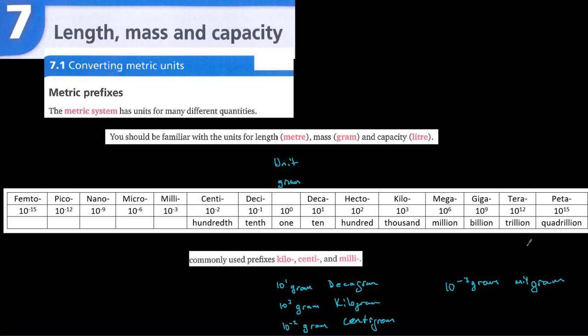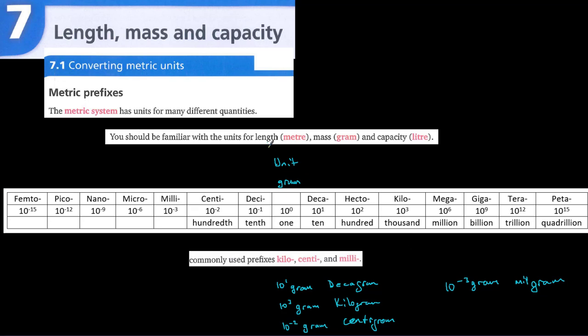Mainly we are going to use the center of this table. We can continue. 10 to the power of minus 12 gram is picogram, or 10 to the power of minus 15 gram is femtogram, and you can extend to the other side also. 10 to the power of 9 gram is equal to gigagram, we can say.